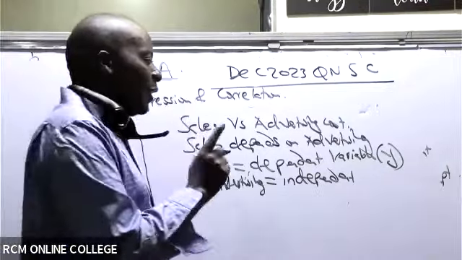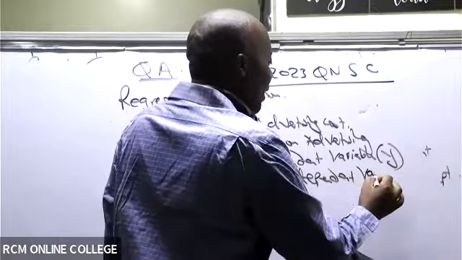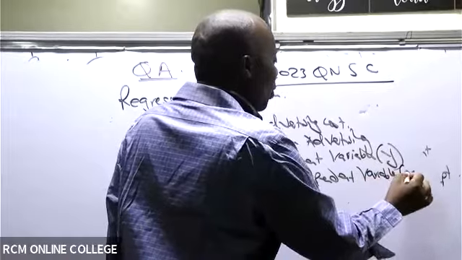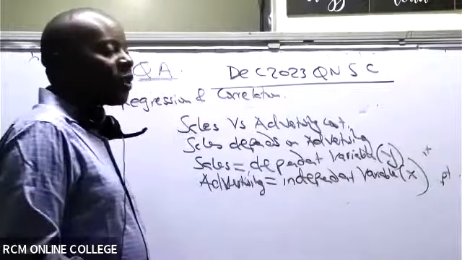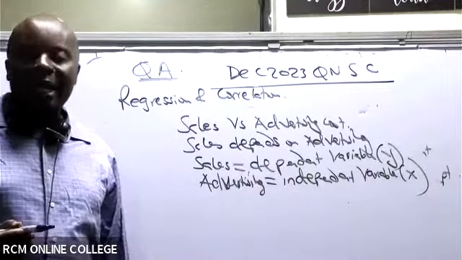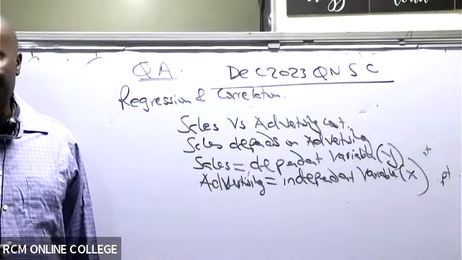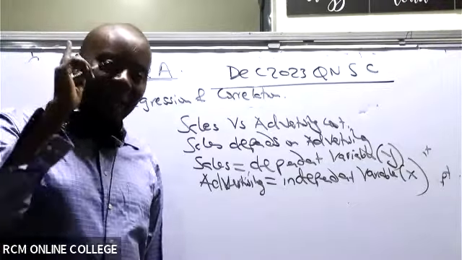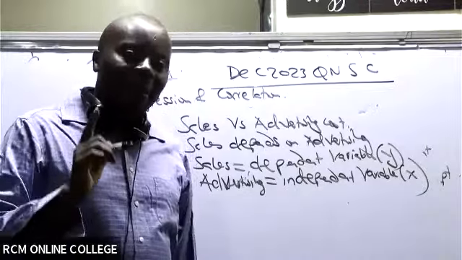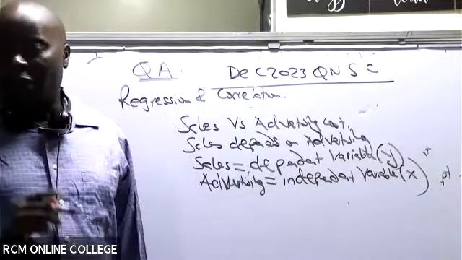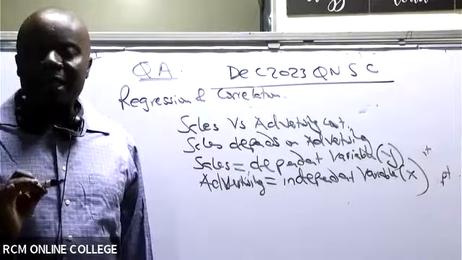And then we have an independent variable, which will be your X. So always remember, dependent is Y and the independent is X.